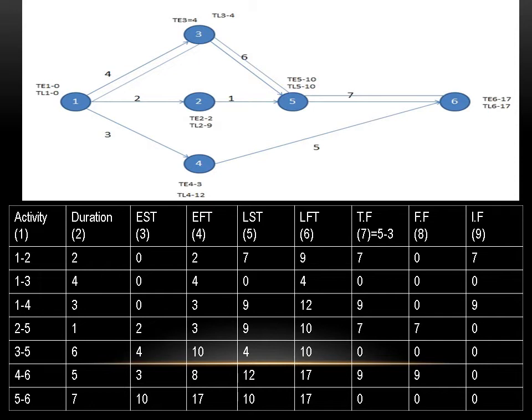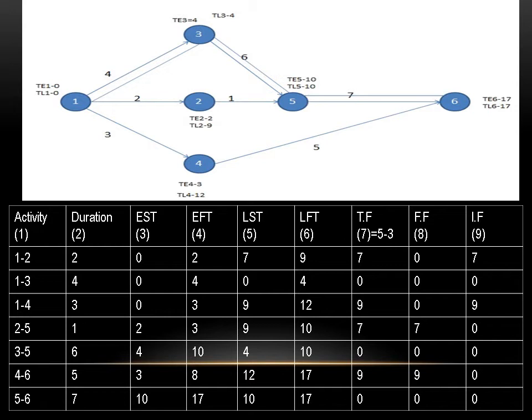TL minus TE at 5 is 10 minus 10, 0. 7 minus 0, it is 7. Okay. First of all, you have to just fill the table accordingly. It is very easy, not that hard.